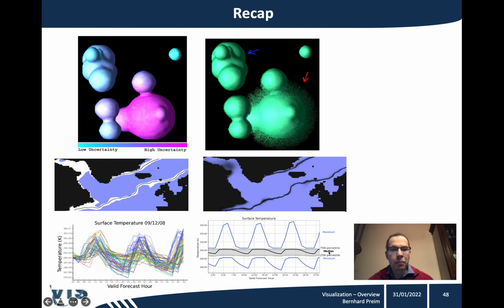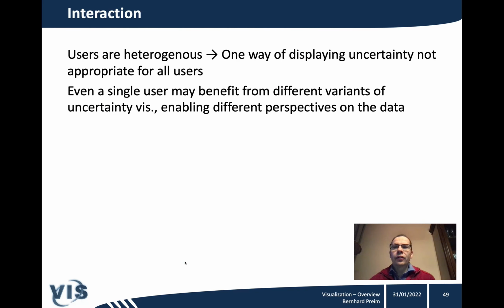That is the median of the predictions, that's like this here, and this is the 25th percentile and the 75th percentile. So some key values of this distribution are shown instead of all values that tend to produce visual clutter. That as a recap.